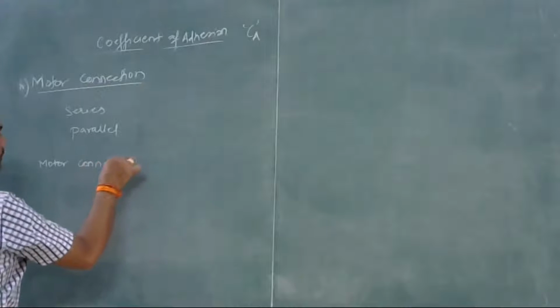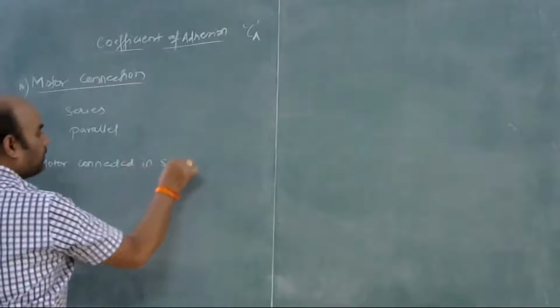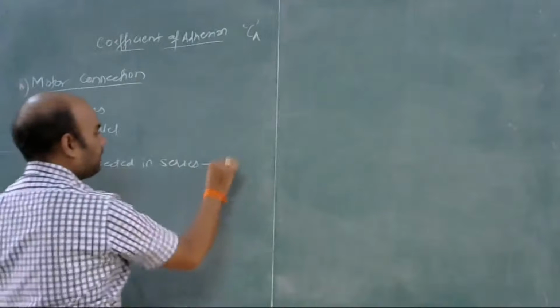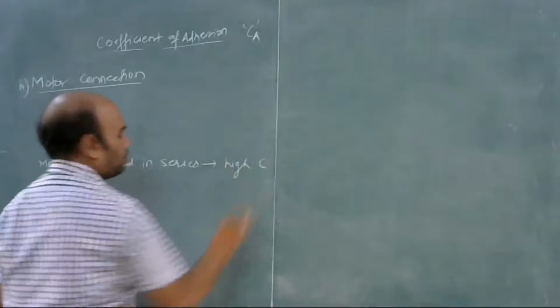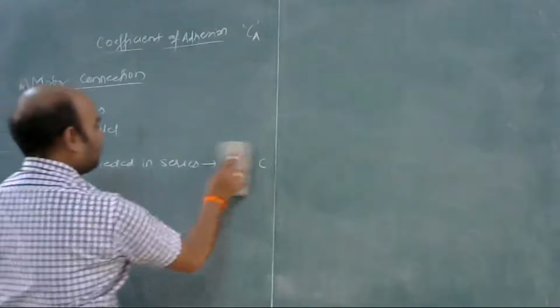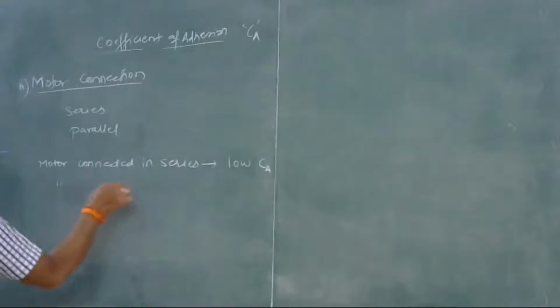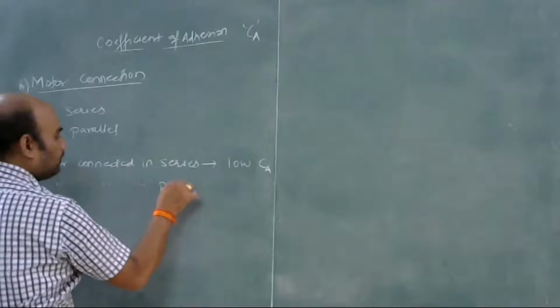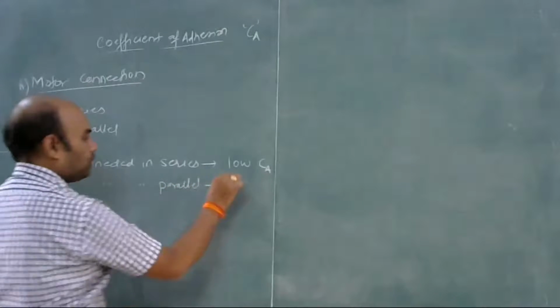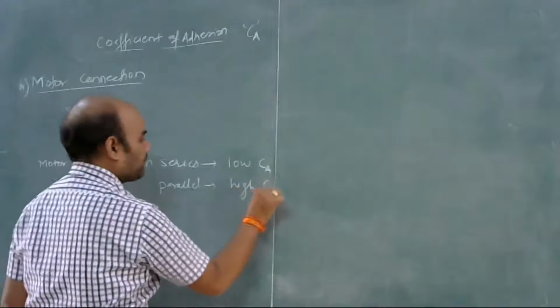So when motors are connected in series, it will lead to low CA. And when motors are connected in parallel, it will lead to high coefficient of adhesion. Okay, why?